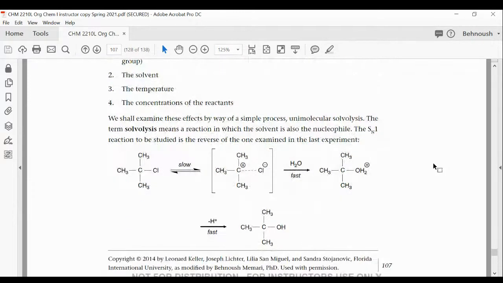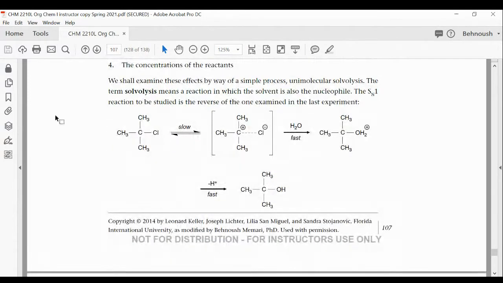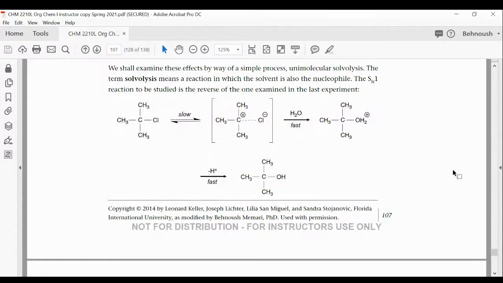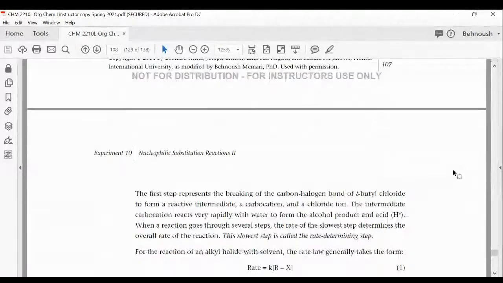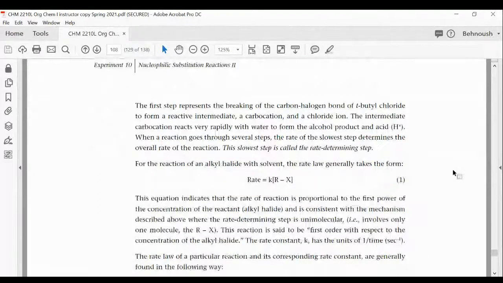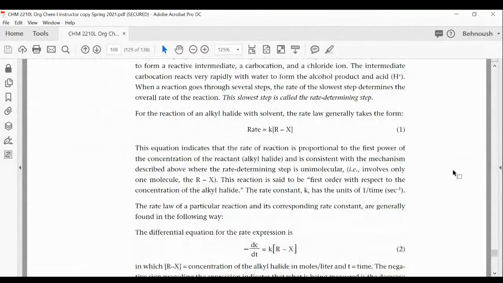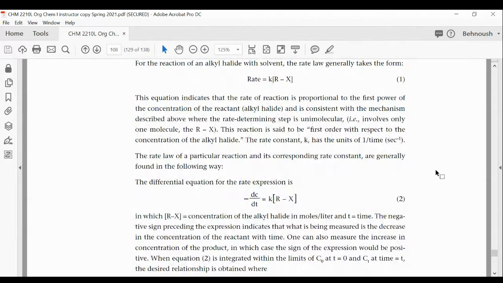For the reaction, it is a solvolysis reaction. The indication for the reaction to be done is the color change or appearance of a blue color. That would be the endpoint of the reaction. At that point, based on the design of the experiment, 10% of the reactant has changed to the product.